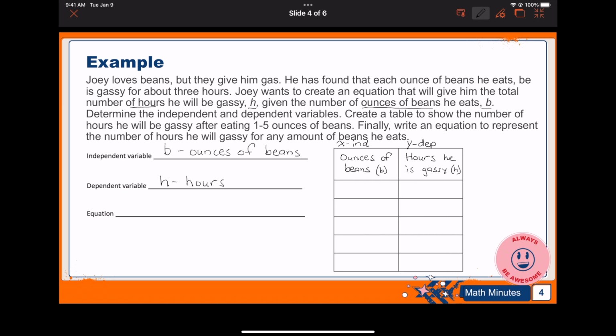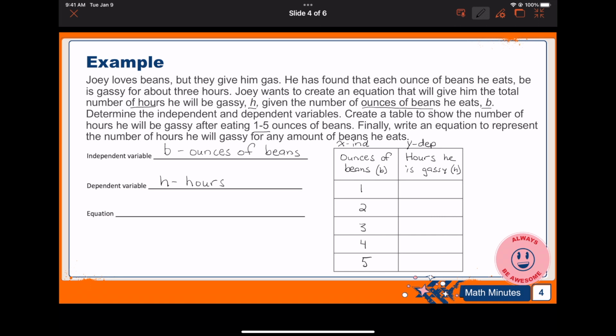Okay. When we think about our ounces of beans that he could eat, it tells us to create a table to show the hours he'll be gassy after eating 1 to 5 ounces of beans. So we're just going to straight number these 1 through 5. So 1, 2, 3, 4, 5. All right. And he found through experimentation, through collecting data, which I don't want to be around while he's running those data simulations, right?